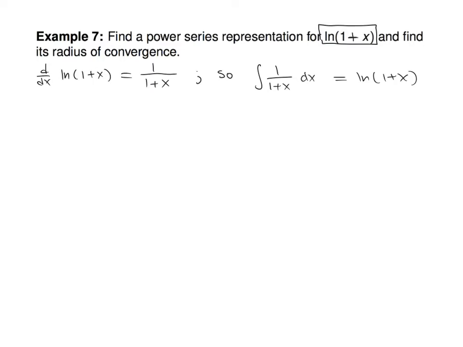Take the derivative of your function to figure out what you're going to have to integrate to get that back. Yeah, technically, but our power series only care about positive x's, so we're not going to worry about it. Okay, so then what we have is that ln of 1 plus x is equal to the integral of 1 over 1 plus x dx.